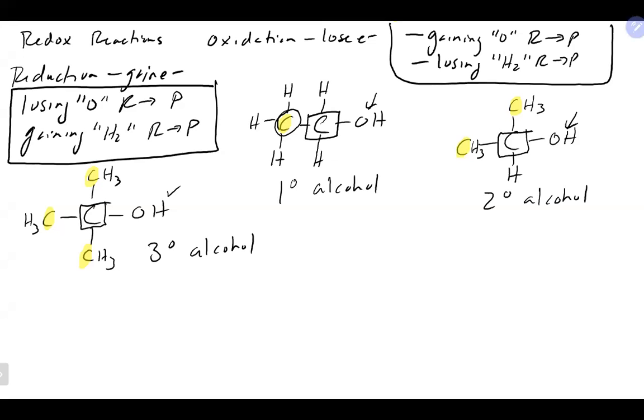And we'll start with the primary alcohol first. So the primary alcohol, we'll use that one as our example there. I'll just draw out everything here. So this is our ethanol, which is a primary alcohol.